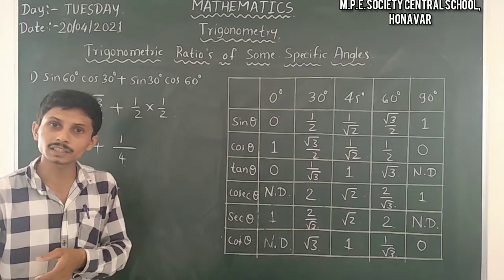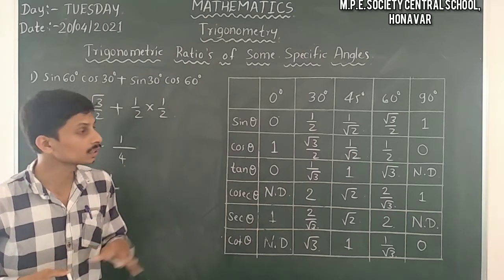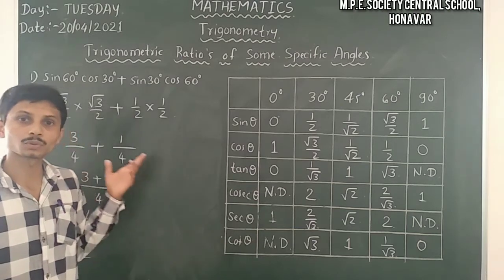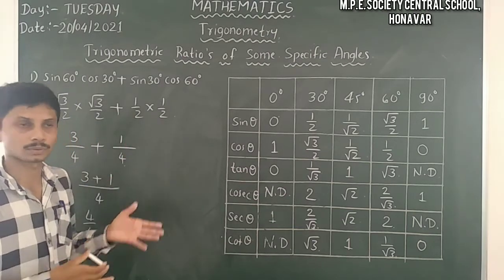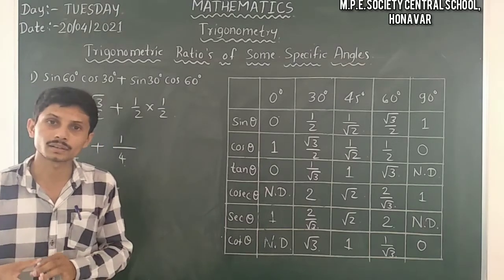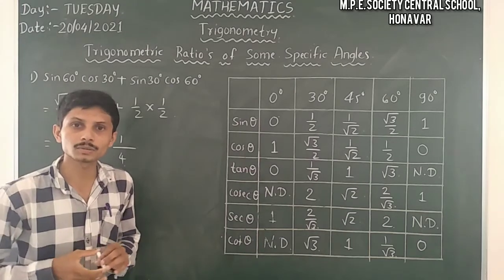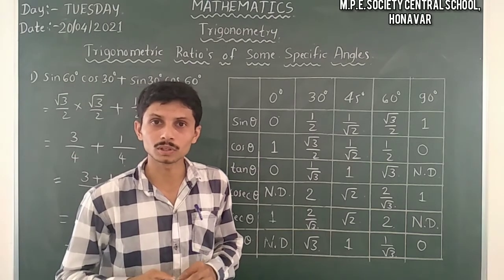Using the tabular column or the techniques, or by remembering them, you substitute the values. Once you substitute, you simplify and try to get the irreducible form. Once you get it, that is over. I hope you understood that.